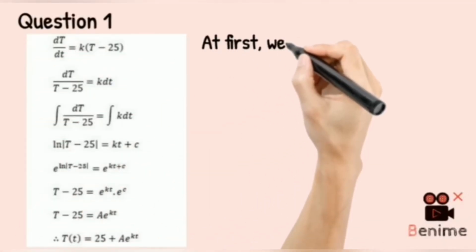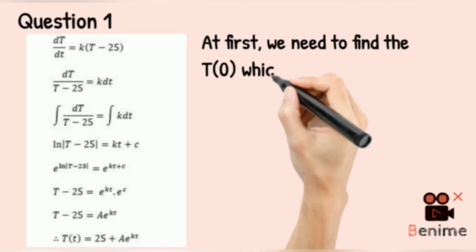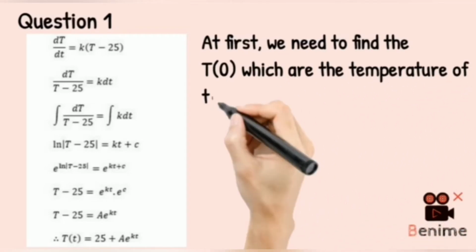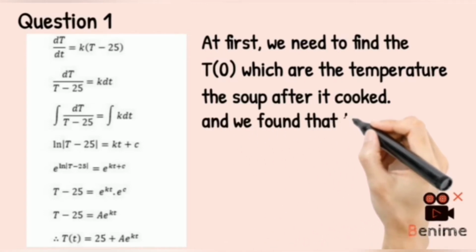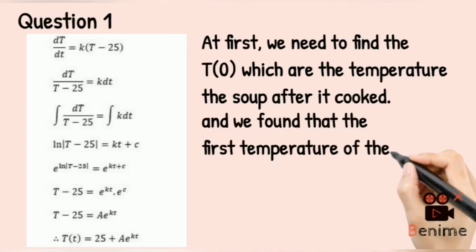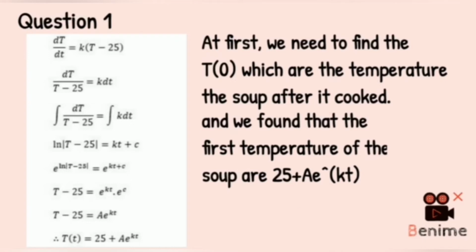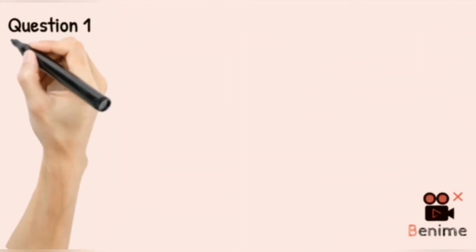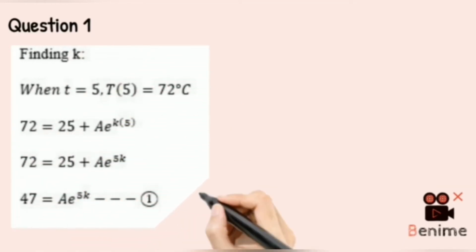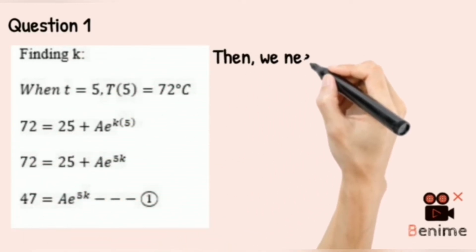At first, we need to find T0, which is the temperature of the soup after it was cooked. And we found that the temperature of the soup is 25 plus A e to the power of kt. Then we need to find the value of k.